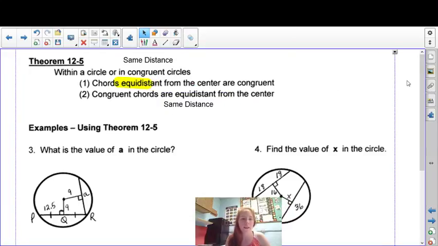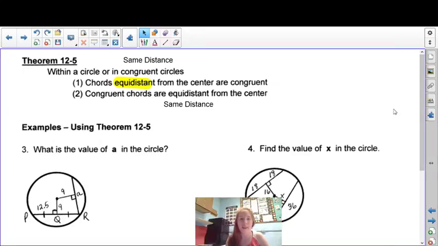So it tells me that if I have chords that are the same distance from the center, then they are congruent. And then number 2 tells me that if their chords are congruent, then they're the same distance. So it kind of goes backwards.